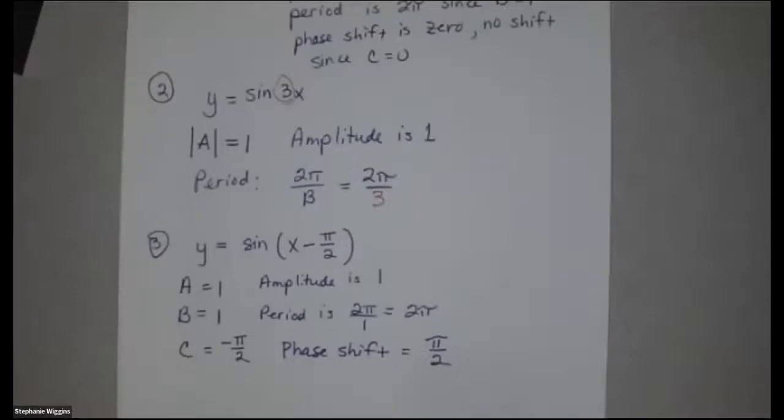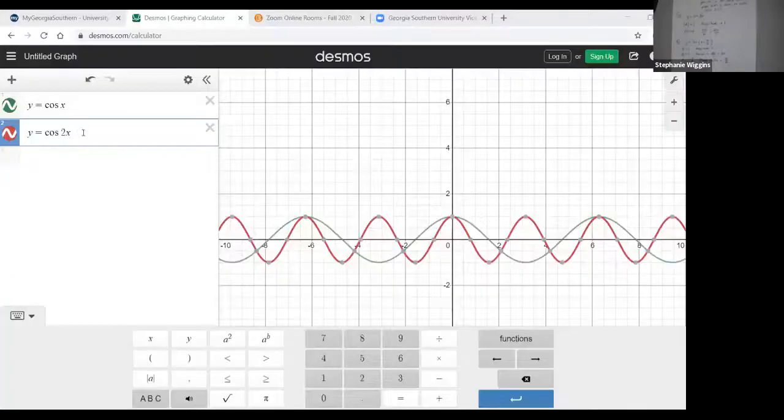Alrighty, let me just graph this in Desmos real quick so you can kind of see what the graph looks like when you have a phase shift. All right, so remember this function here is x minus pi over 2 inside the sine. I'm going to share my screen, going back to Desmos. And let me get rid of this.